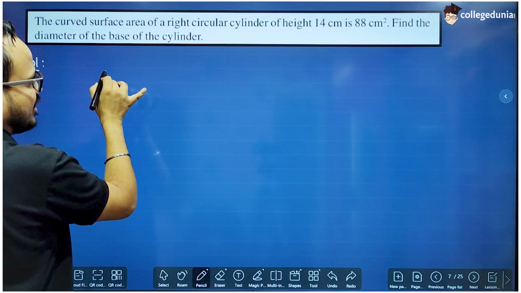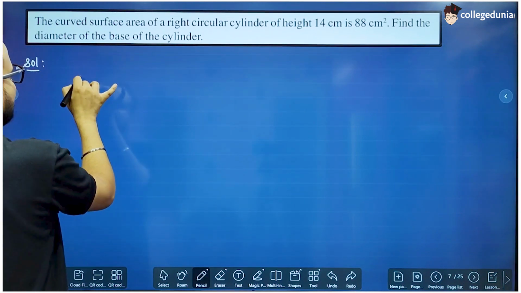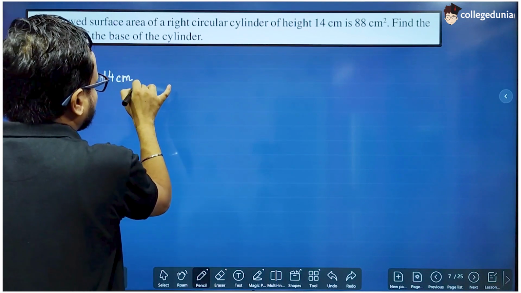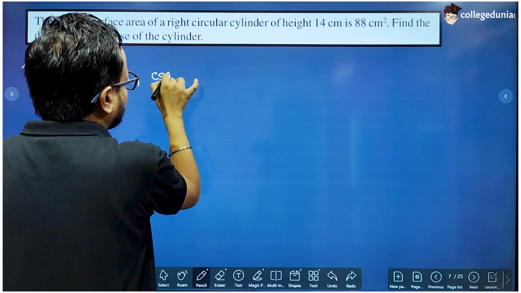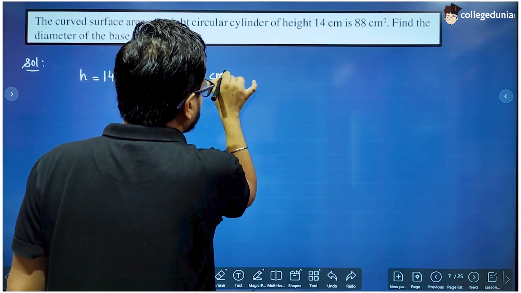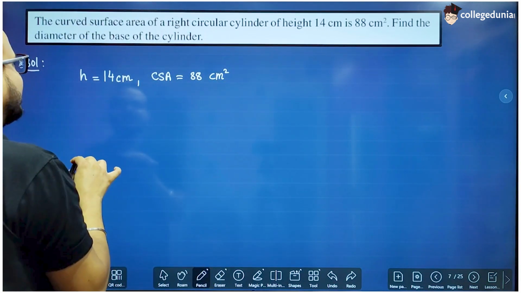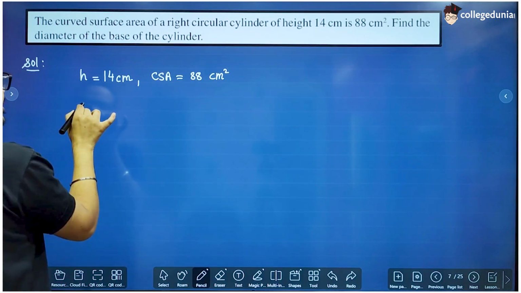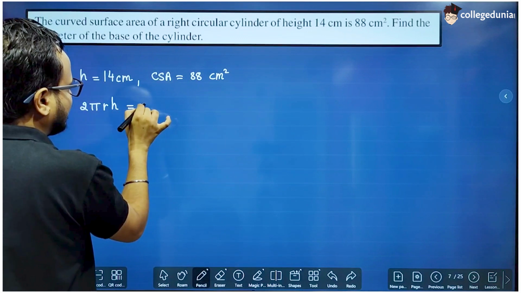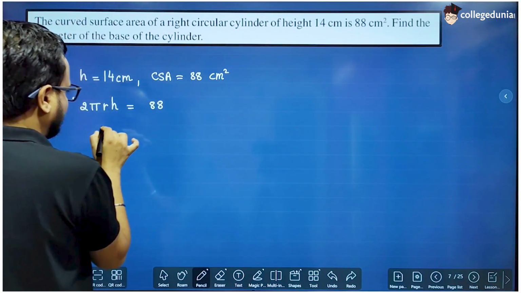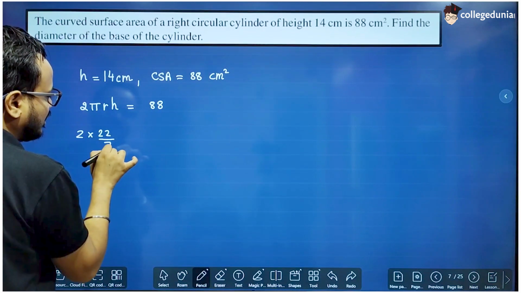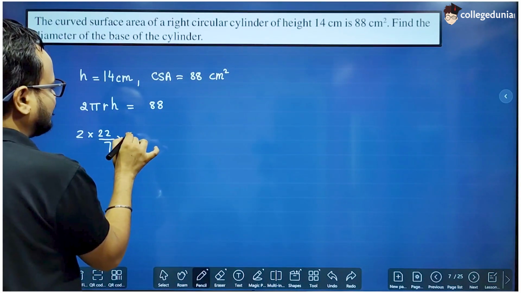Curved surface area of a right circular cylinder of height 14 centimeter. Height is 14 centimeter and CSA is 88 centimeter square. Find the diameter of the base. So CSA is 2 pi r h, and that is 88. Let's take pi as 22 by 7 because 88 can be cancelled by 22 by 7.